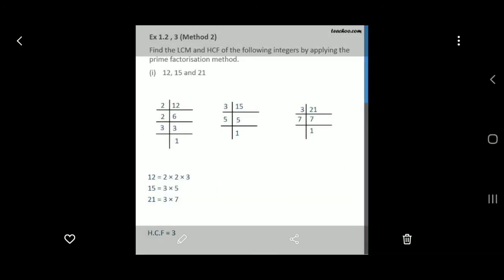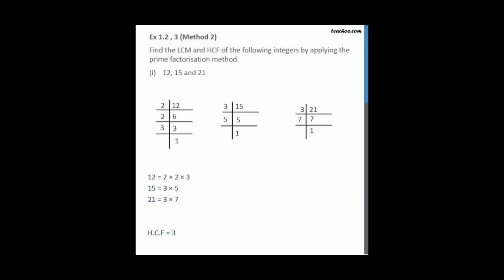Then similarly we have to find the LCM. What is the LCM of 12, 15 and 21? Find its multiples and find the least common multiple. Do it now itself. All of you write the multiples of 12.